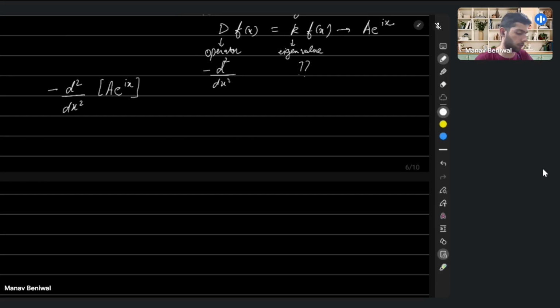So this is what we want to compute. Let me rewrite it like this: we take one derivative and then we take another derivative of the same function.